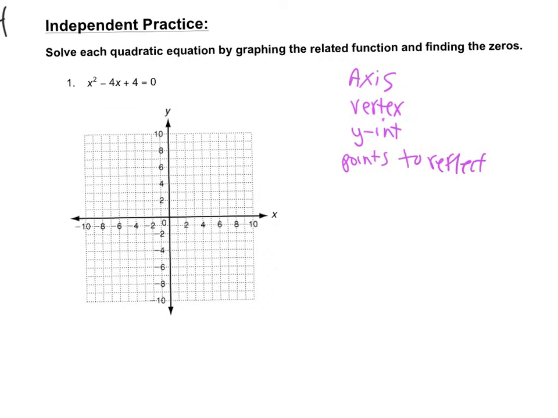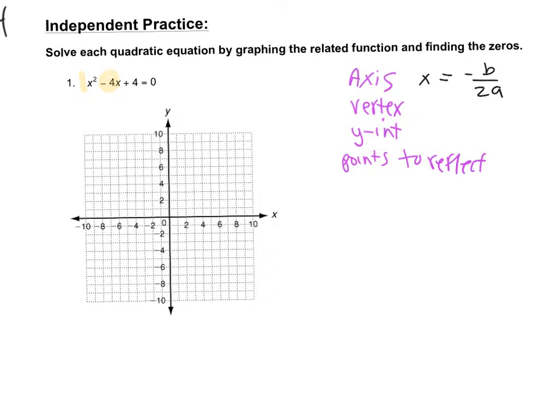Why is it separate? In order to find the zeros, I have to find what the graph looks like so I can see where it crosses the x-axis. The axis of symmetry is x equals negative b over 2a. A is 1, b is negative 4.